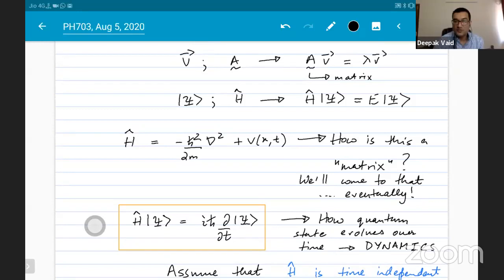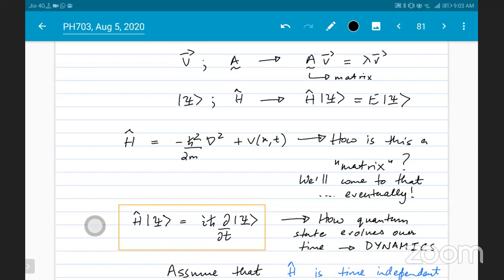If you have a measurement, the state will collapse into some eigenstate. And after that collapse, it will again start evolving.